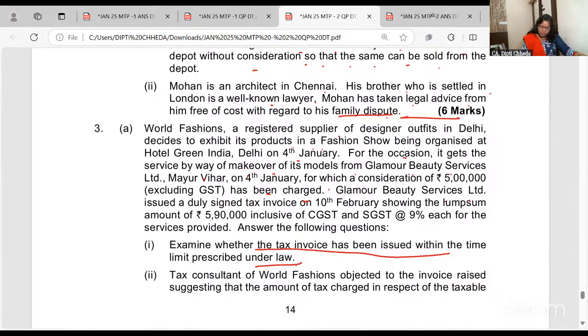So from 4th of January, when they gave the service. Within 30 days? No, they have not issued it. It's 10th of February, so not issued.